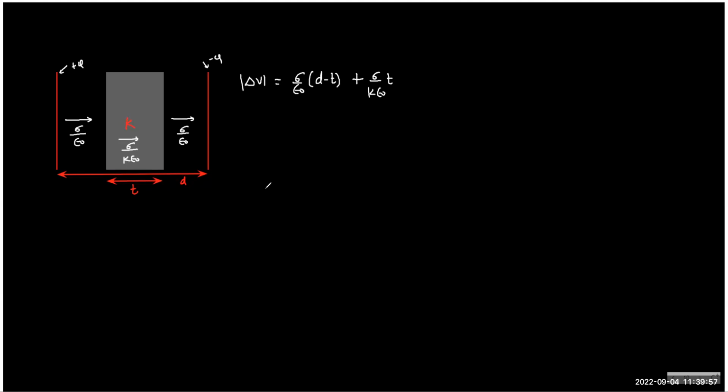So delta V we can write eventually, taking sigma by epsilon naught common, as D minus T plus T by K. And we know that sigma we can write as Q by area.